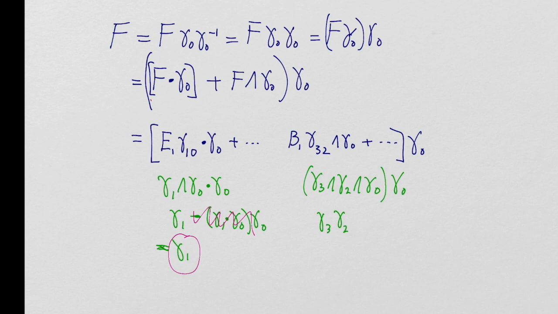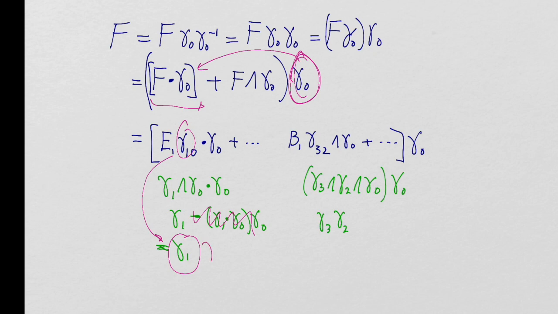So this term here clearly picked out the sigma 1 and returned gamma 1, which doesn't seem right, because that's not a relative vector. Our claim is it's got to be a relative vector, but then we remember we have this gamma 0 hanging out here, that's got to come in.